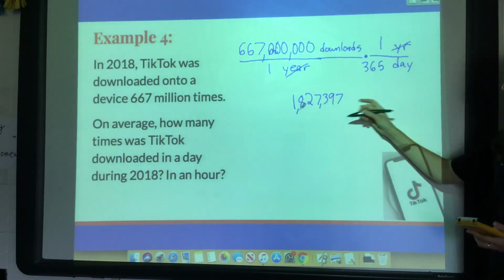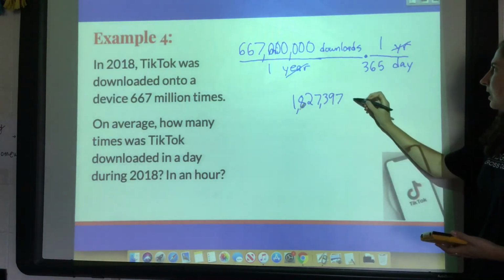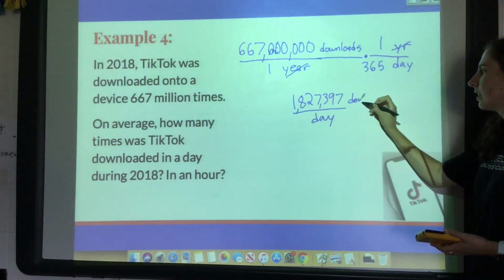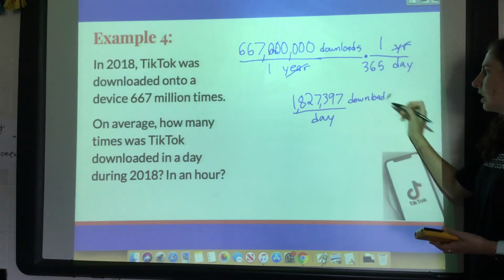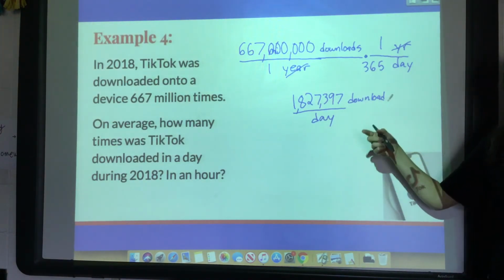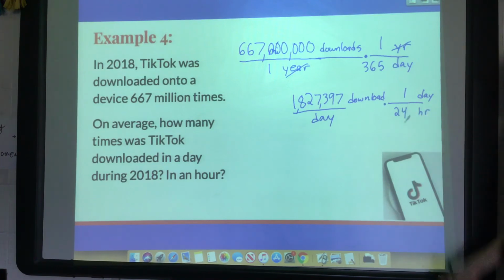What if we wanted to change this to hours? This was downloads per day. If we wanted to change it to hour, we would need to divide each day into 24 hours, or convert day to hour. 1 day is 24 hours, and then multiply across.